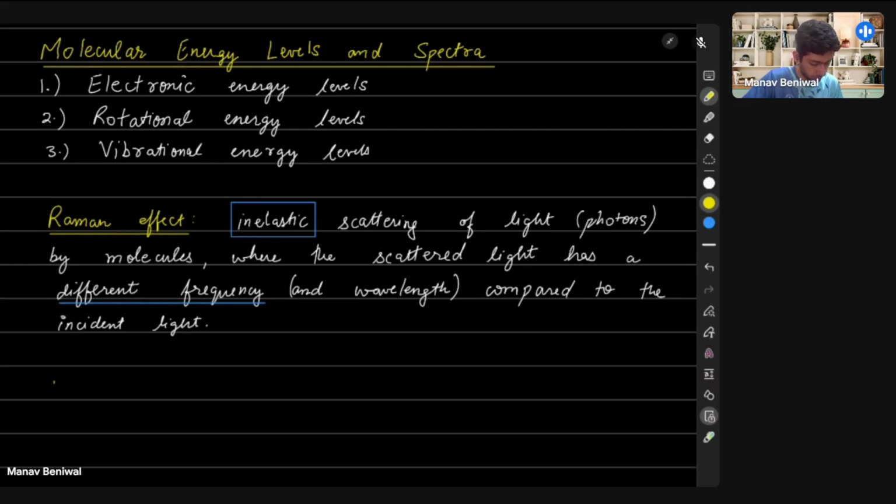We also have another scattering which is known as Rayleigh scattering.